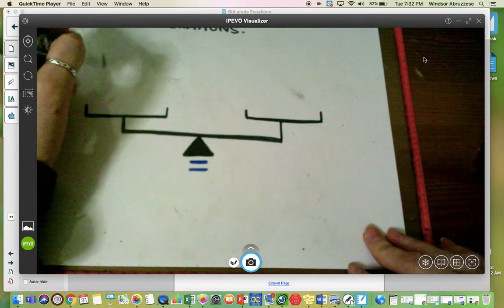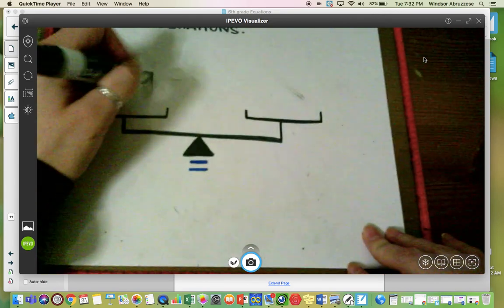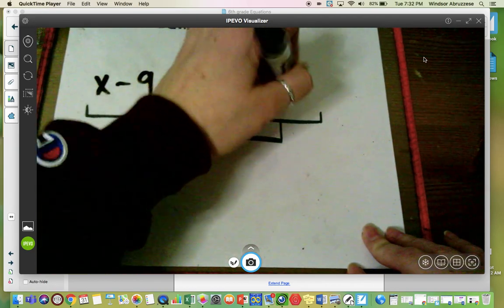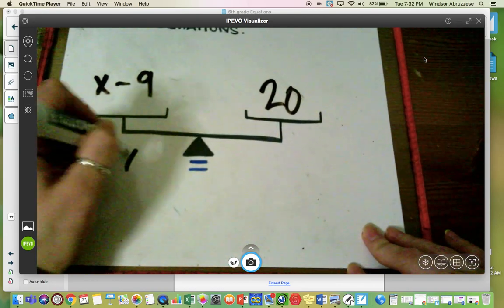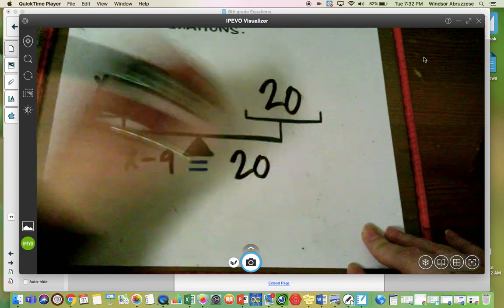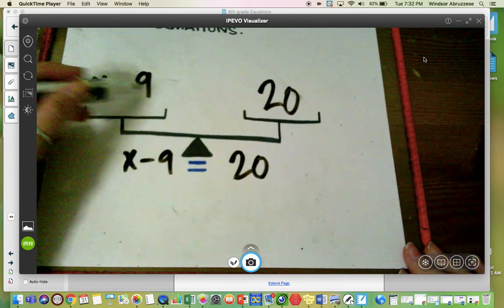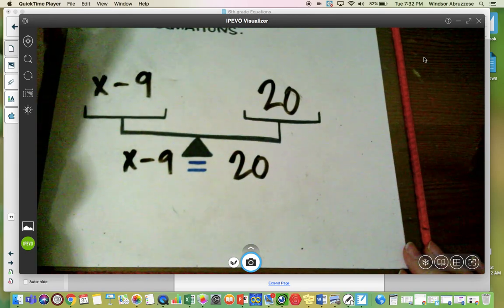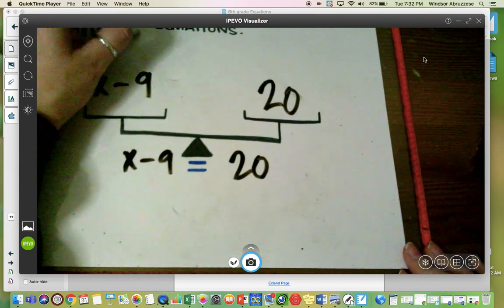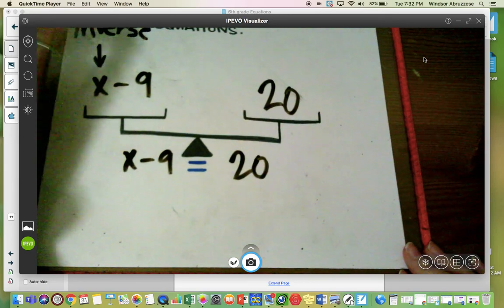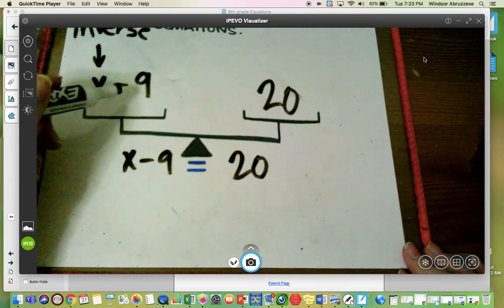All right, let's try another one. If I have x minus 9 is equal to 20. x minus 9 equals 20. Okay, so I have a negative 9 here, a minus 9. And remember, what do I have to do to eliminate it, to isolate my unknown? I'm going to do the opposite.